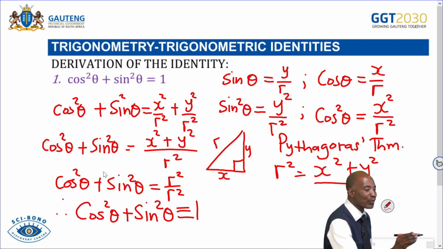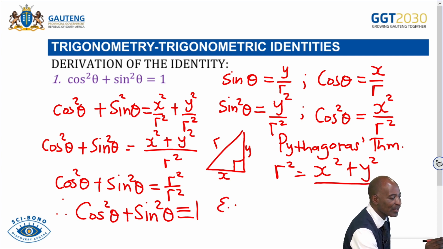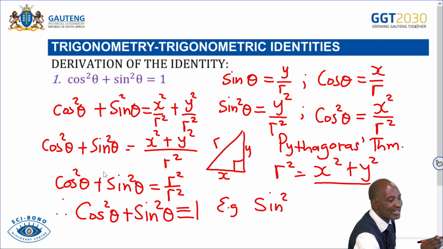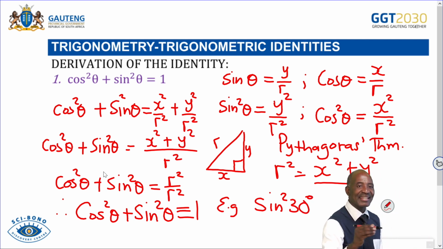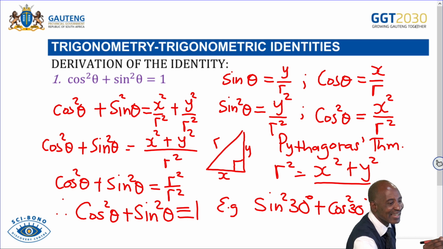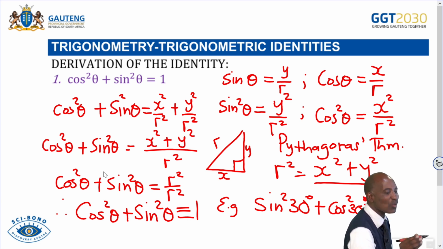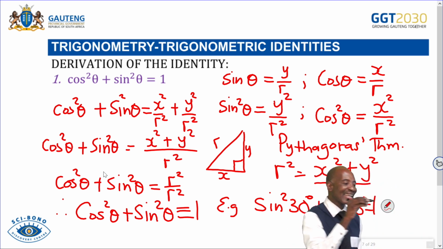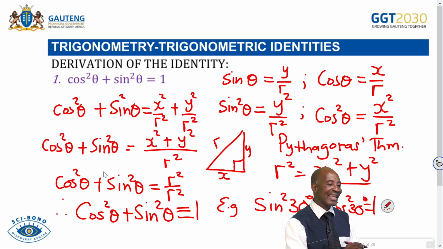If we were to say, for example, sine squared 30 degrees, what is important is to maintain the same angle, plus cos squared 30 degrees, the answer will always be 1. Even if you change that angle and put any other angle, the answer will always be 1.